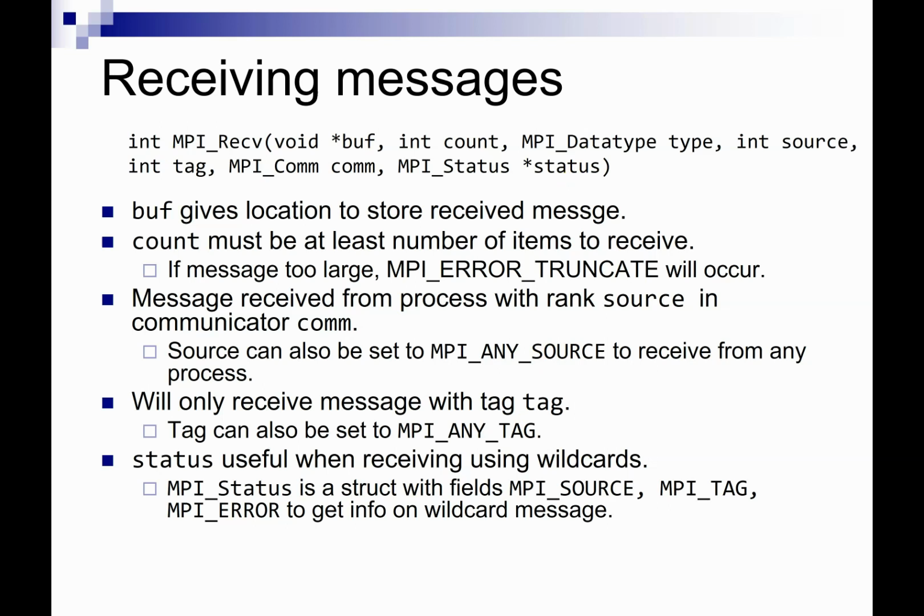So if you use MPI any source, when you look in the status, one of the fields in the status will tell you the actual source that you got the message from. And if you used MPI any tag, one of the fields in the MPI status will tell you the tag of the message that you got.